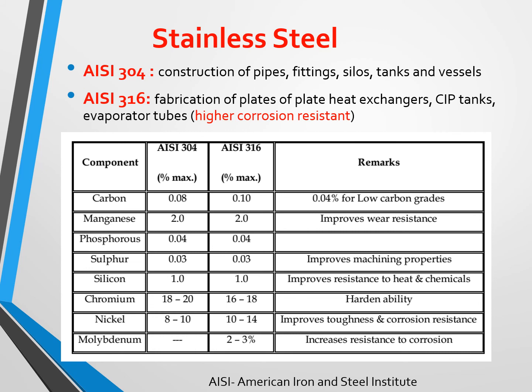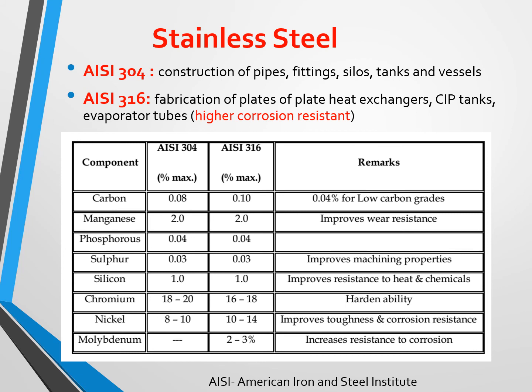Now you can see that chromium is 18 to 20% in 304 and 16 to 18% in 316. So chromium gives hardenability to the stainless steel. Nickel concentration in AISI 304 is 8 to 10%, while in AISI 316 it is 10 to 14%.